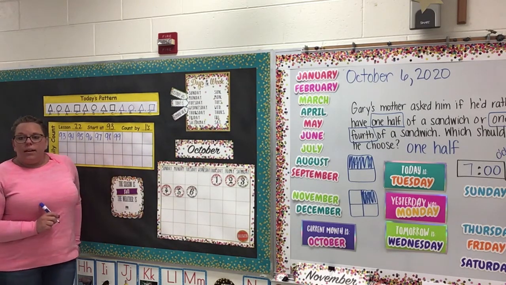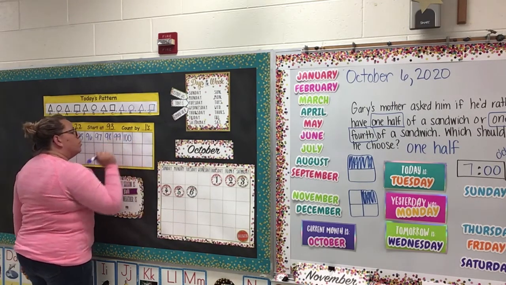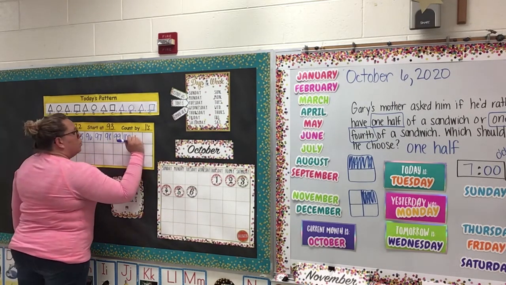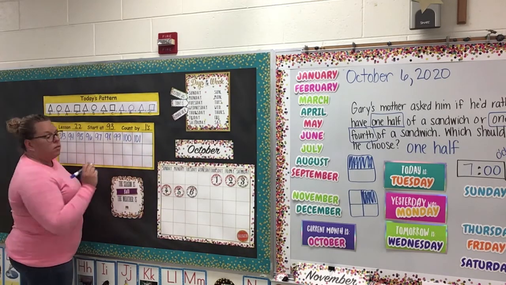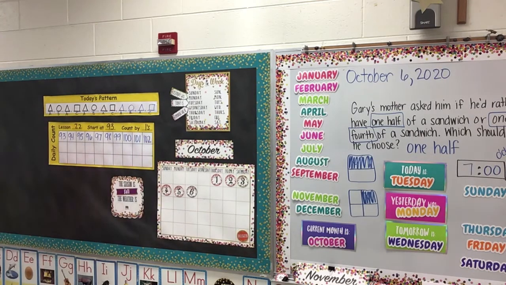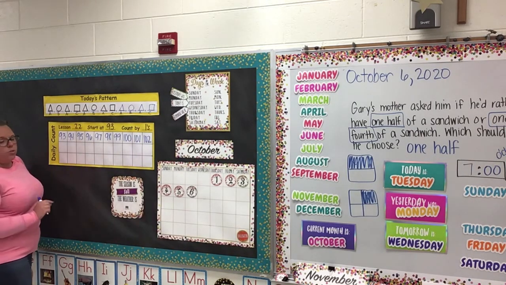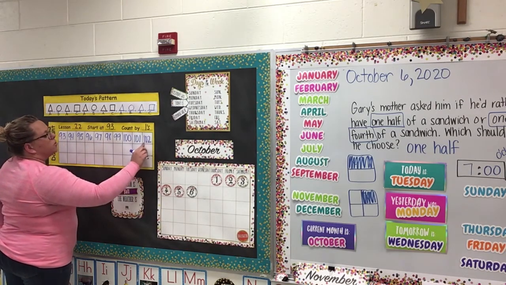What comes after 99? 100. 1, 0, 0. 101, 102. So what number ended our first row? Our first row ended with 102.